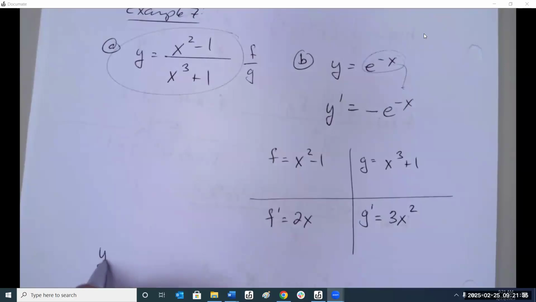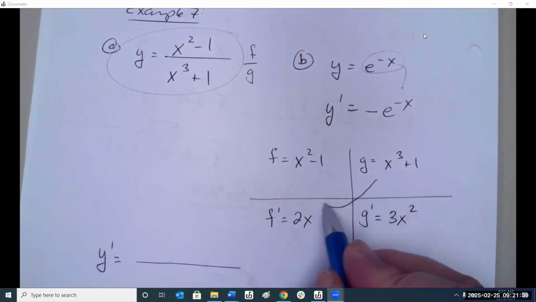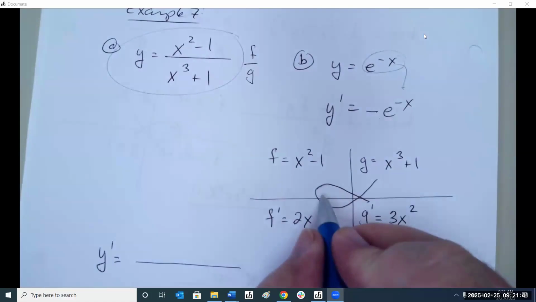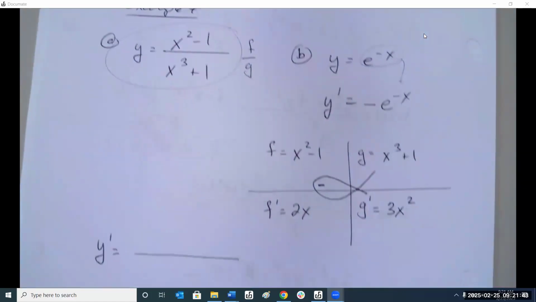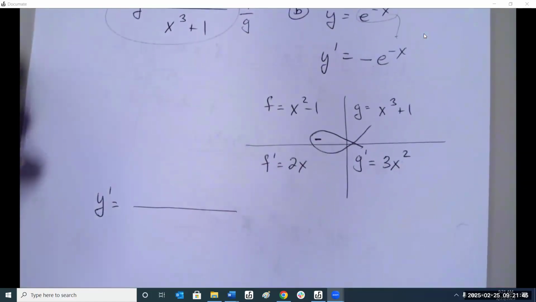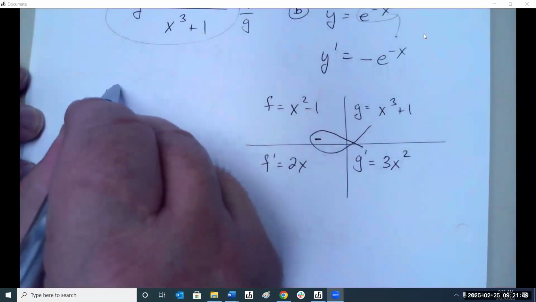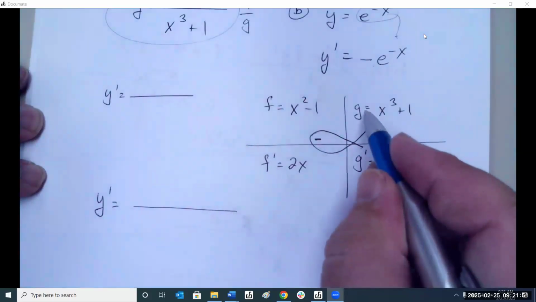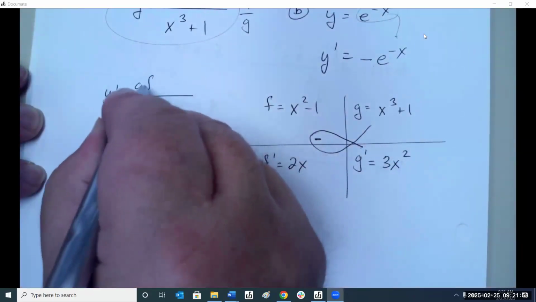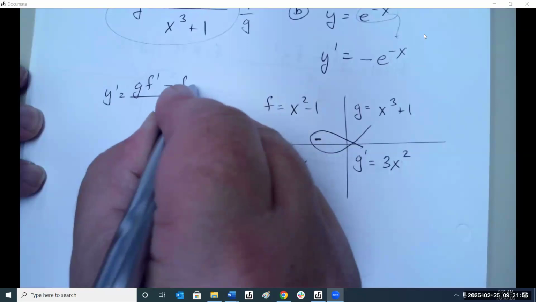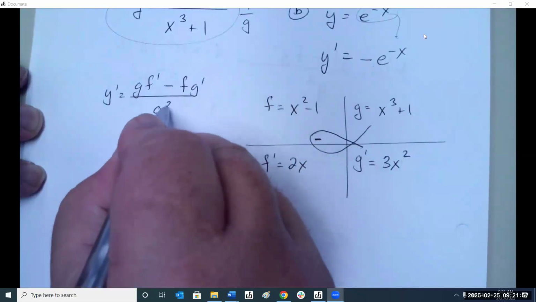So the derivative is, since it's a fraction, we subtract. It's going to be g f prime minus f g prime over g squared.